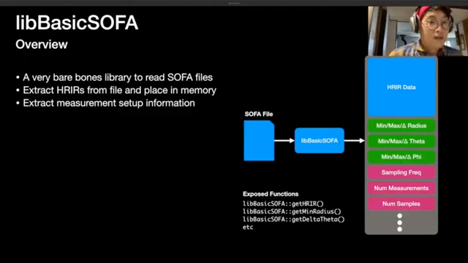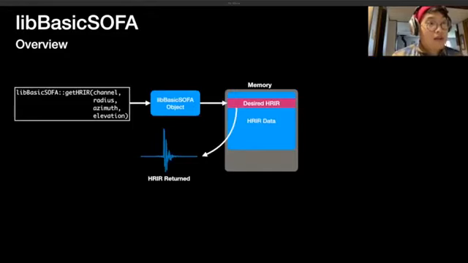There are some functions exposed, so if I want to retrieve an impulse response for a certain channel, that is left ear or right ear, for a certain radius, azimuth, and elevation angle, then the libbasicsofa object will calculate where that impulse response is in memory and return a pointer to the start of that impulse response.